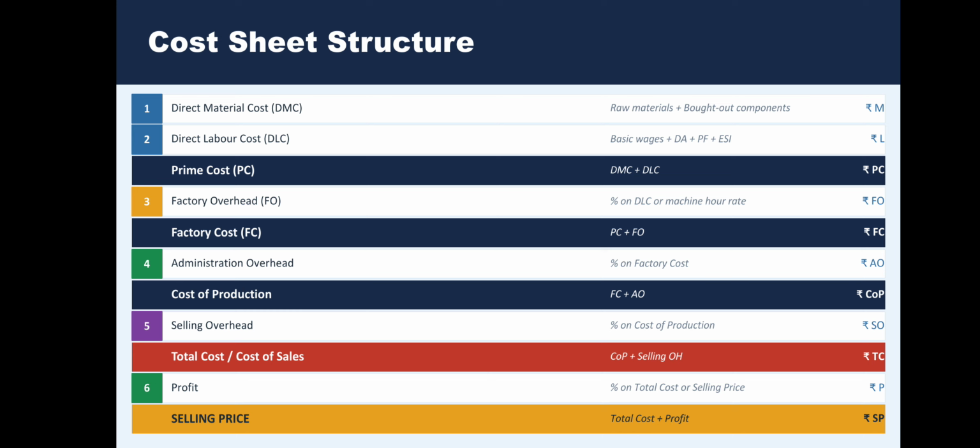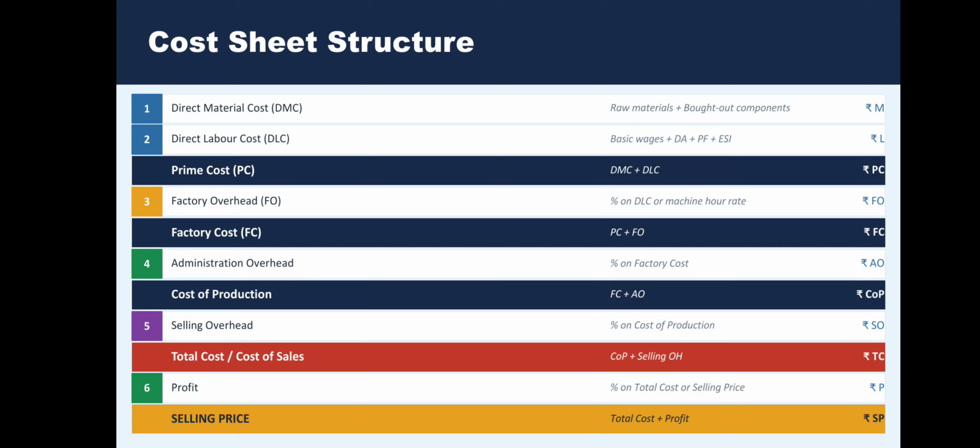And finally, the profit is calculated based on percentage on total cost or selling price. Once again I read, profit is equal to percentage on total cost or selling price. So we can calculate total profit also, and the final is the selling price of the product.